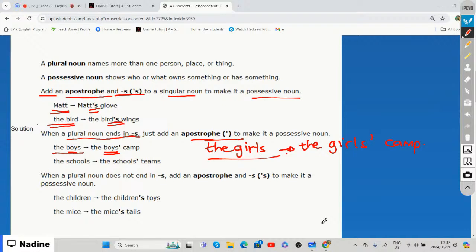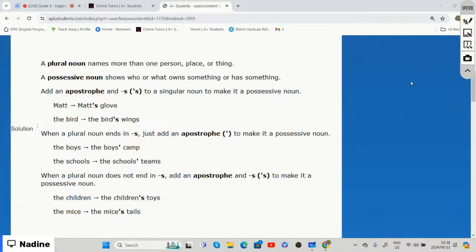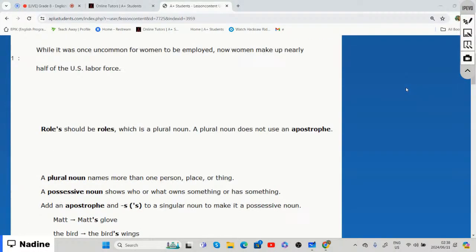We add an apostrophe and we add our S, as we did over here. So we don't say childs and we don't say mouses because we say mice, and yet it refers to more than one. It's a plural, right? So now we're going on to our test.